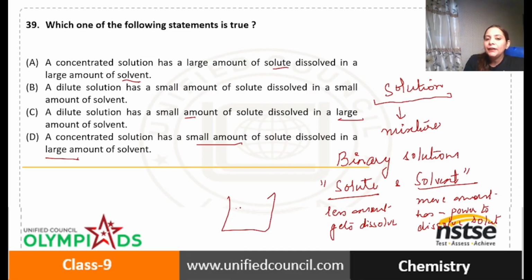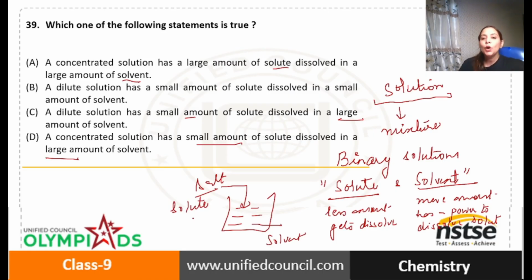For example, if I take water and add salt to it, water acts as the solvent and salt acts as the solute, because the solute is present in small amount and gets dissolved, and the solvent is present in large amount and has the ability to dissolve salt. That is why water acts as a solvent and salt as a solute in this case.